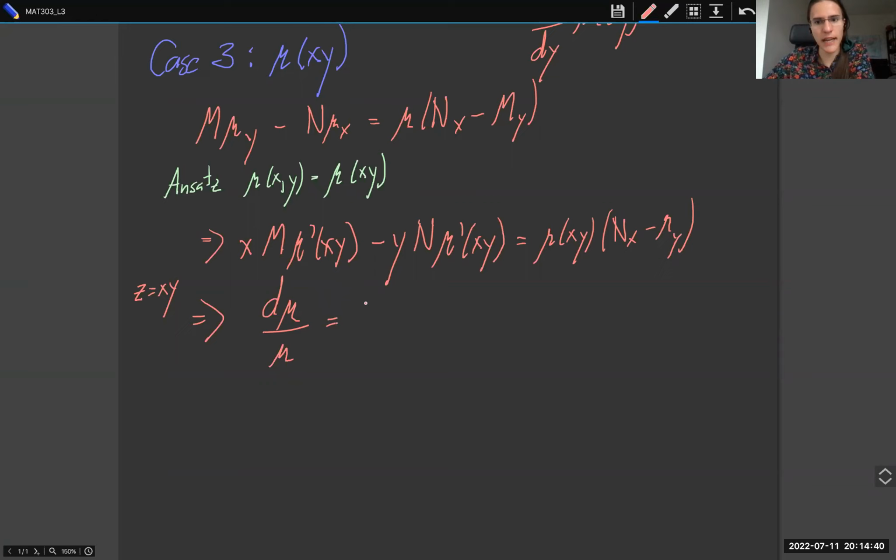And so what we get is (N_x minus M_y) divided by (xM minus yN). And so this is useful if this is a function of xy, that is, of z.